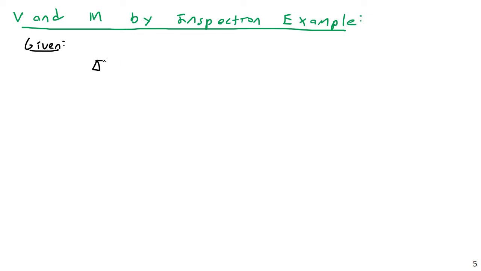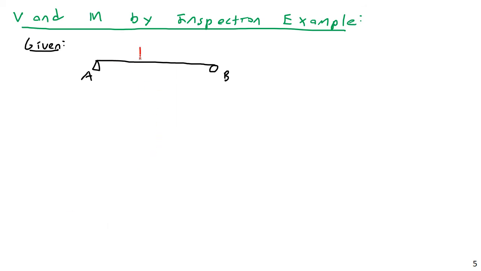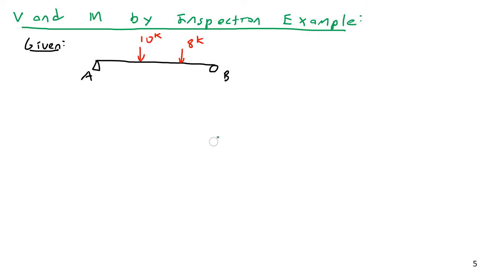We have a nice simply supported beam with points A and B. And maybe I have two loads on here. I have a 10 kip load and an 8 kip load. And the dimensions on here are going to be 4 foot, 6 foot, and 4 foot.